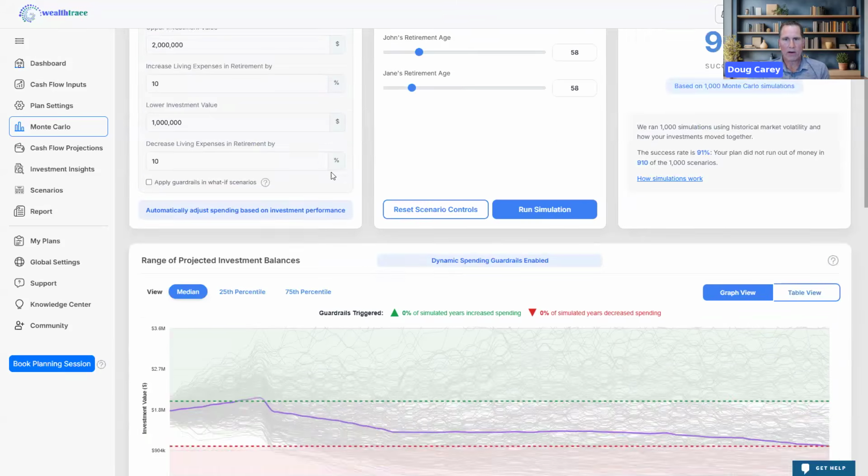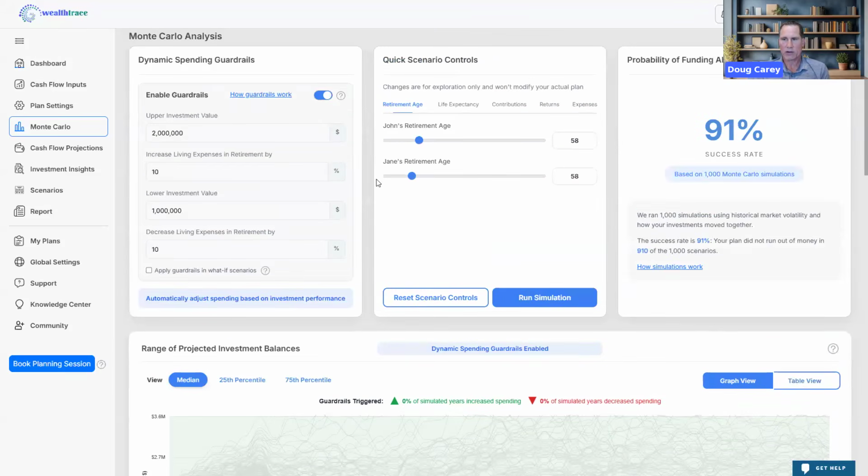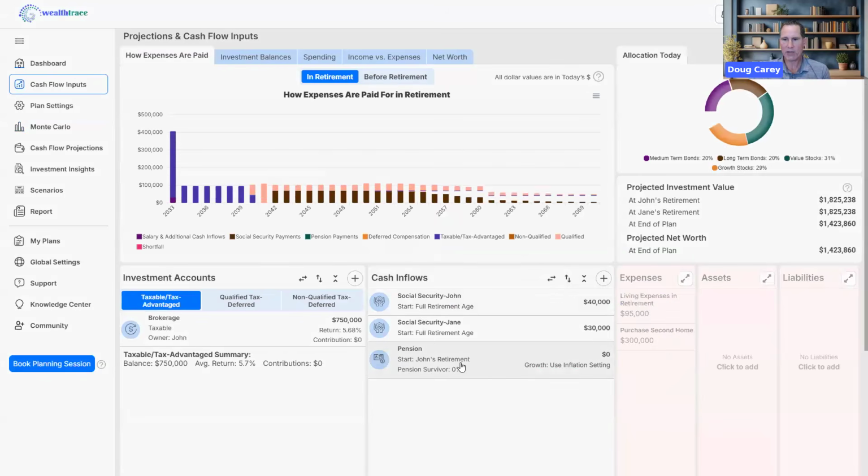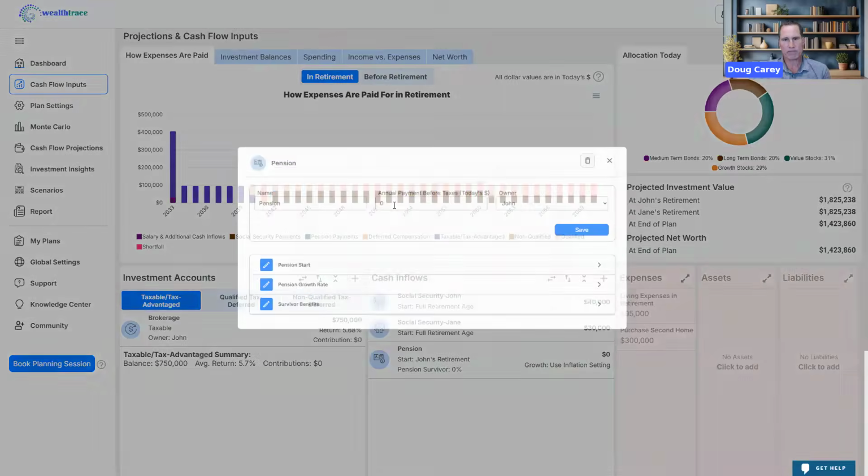Now, I mentioned a little earlier that it matters how much of the spending is being funded by income. This plan has a lot of their spending funded by withdrawing from investments. I want to change that assumption. Let's go back to cash flow inputs. I'm going to go to cash inflows and I'm going to add a pension.